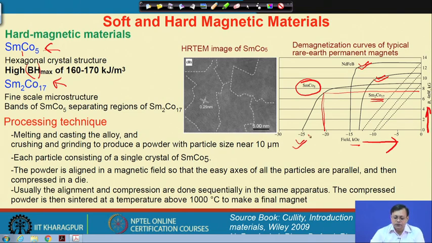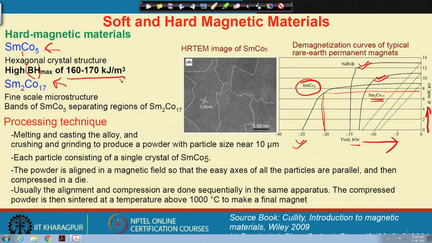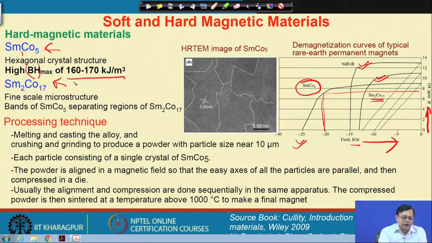So, this is definitely one of the hardest magnets. The typical microstructure has a hexagonal crystal structure, and the BH max value is quite high among all the other hard magnets, that is 160 to 170 kilojoule per meter cube. So, this is a very high value.